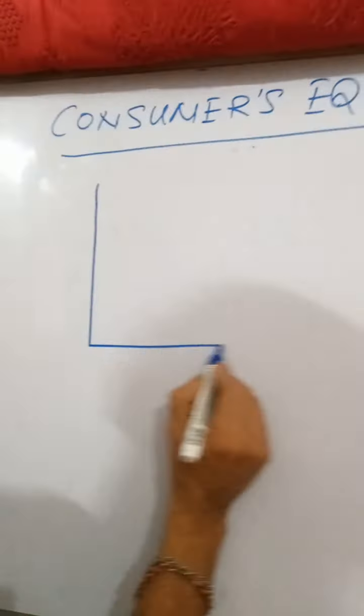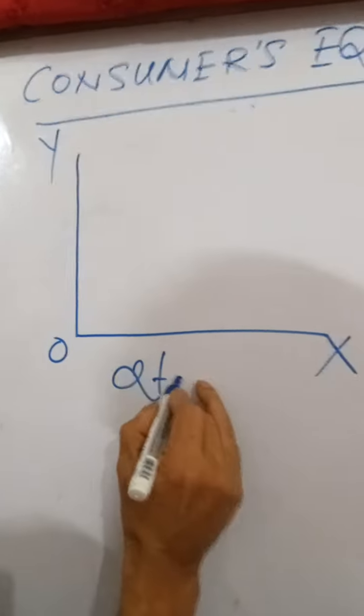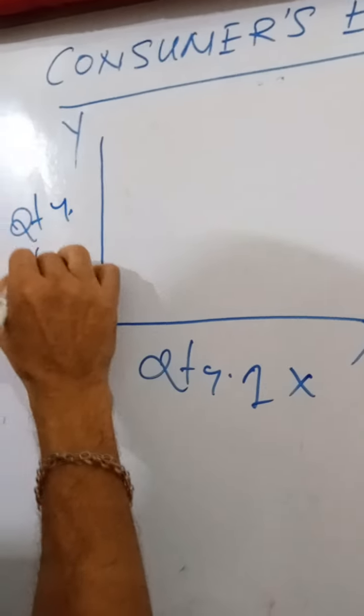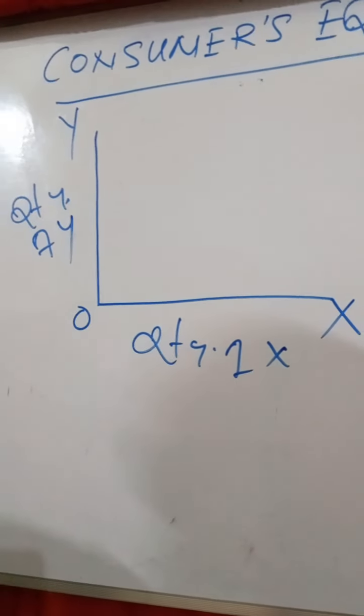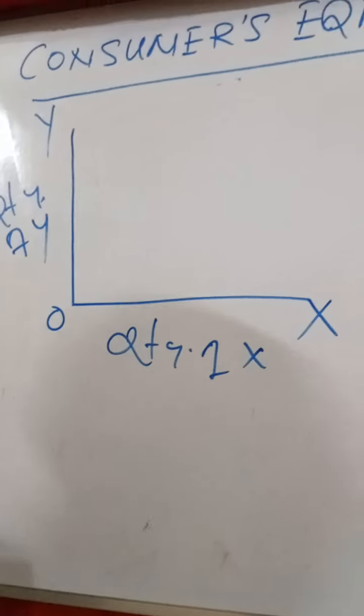Now watch very carefully what I am drawing. This is quantity of X and this is quantity of Y. We also know what is indifference map. Indifference map shows the scale of preferences of the consumer.